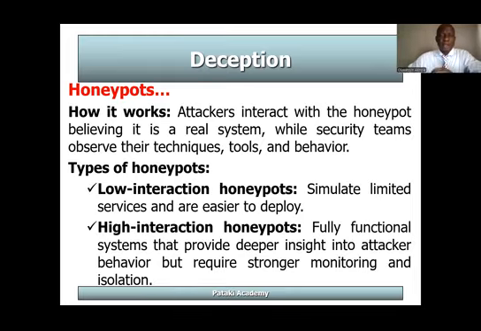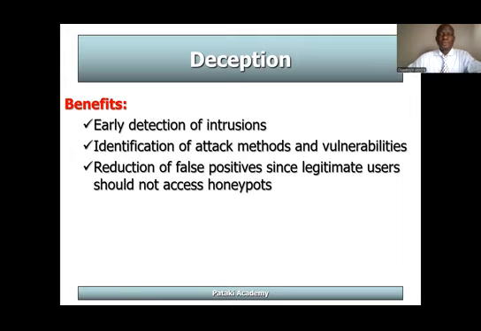High-interaction honeypots are fully functional systems that provide deeper insight into attackers' behaviors, but require stronger monitoring and isolation. Benefits of deception: early detection of intrusion, identification of attack methods and vulnerabilities, and reduction of false positives since legitimate users should not access the honeypot.